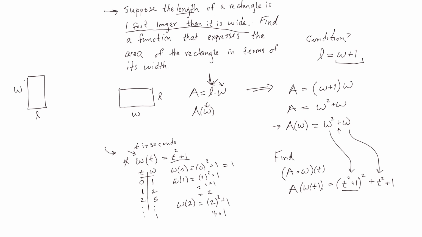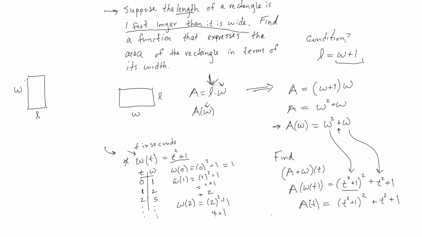We have A of W of t. On the right-hand side of this function, we see an expression only in terms of t, so this is really A of t. So A of t is equal to the quantity t squared plus 1 squared plus t squared plus 1.